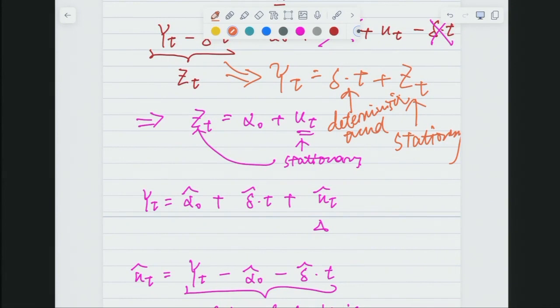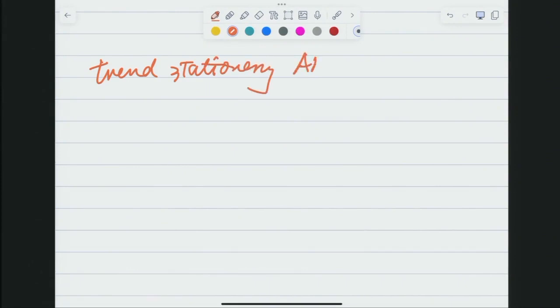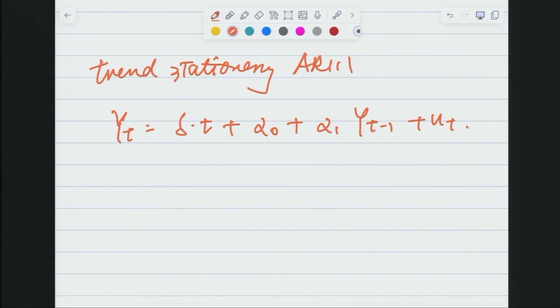Another example is an AR1 that is stationary around the trend, the so-called trend stationary AR1. Essentially, we add the deterministic trend component, delta times t, into the stationary AR1, where alpha 1 is less than 1 in absolute value. So we have yt equal to delta t plus alpha naught plus alpha 1 yt minus 1 plus ut.